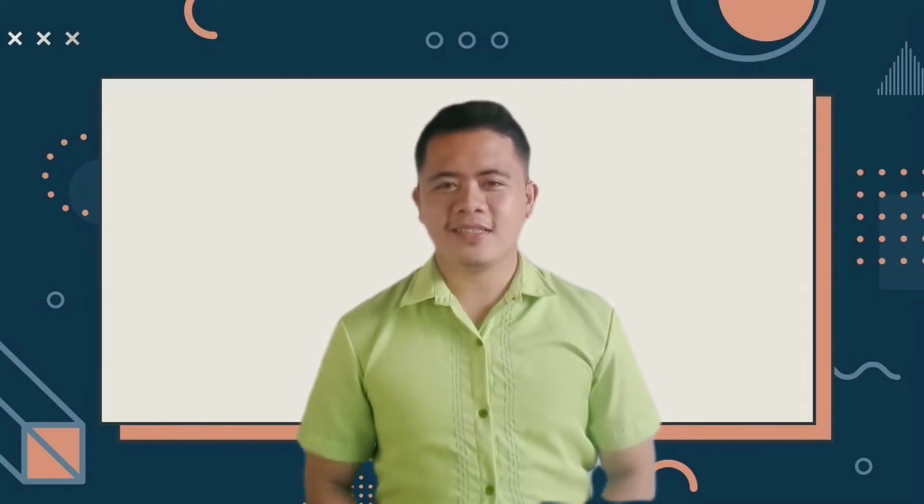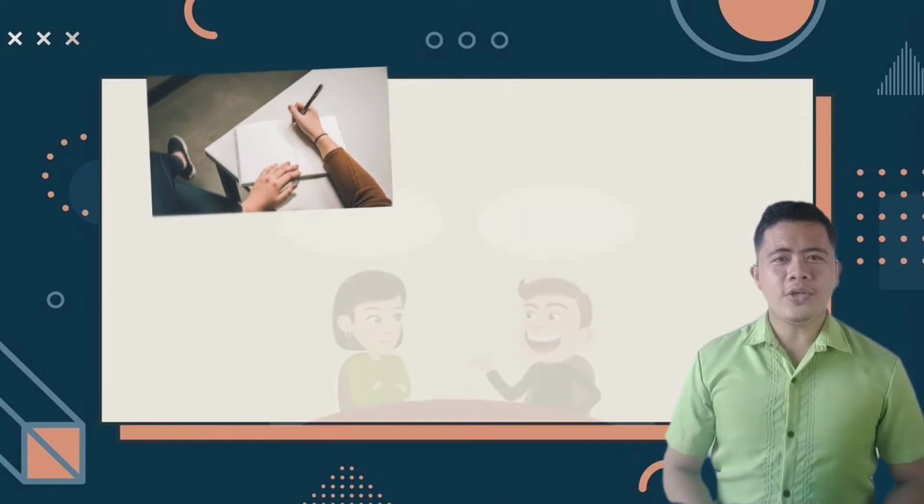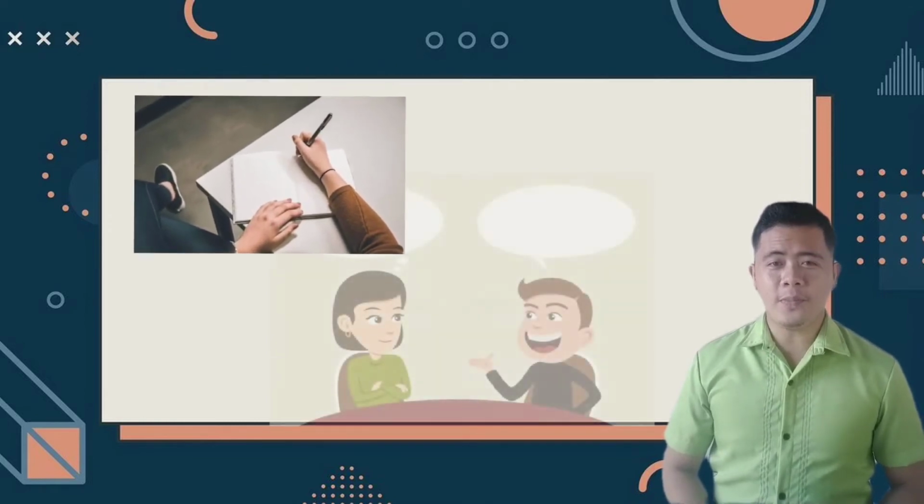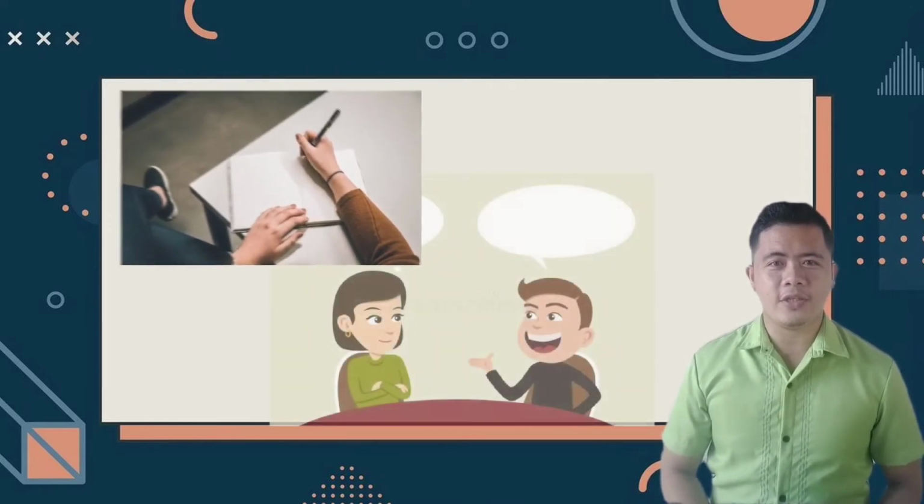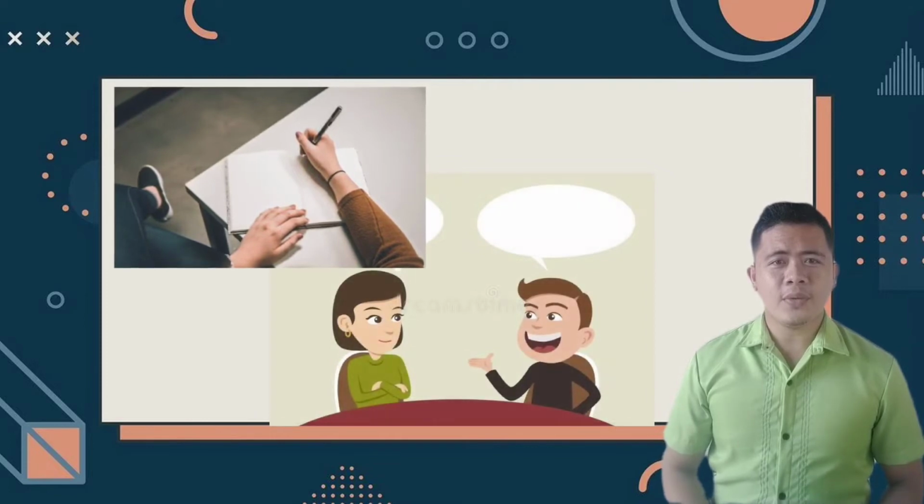So, let's start. When you write or talk, you generally do so with the purpose of conveying information. And the better you are at conveying information, the more likely people are to understand and accept what you have to say.